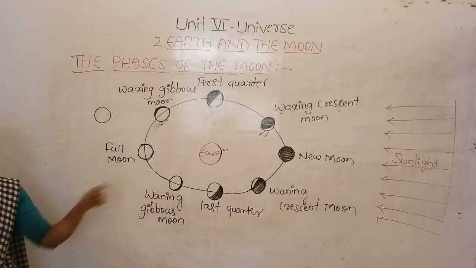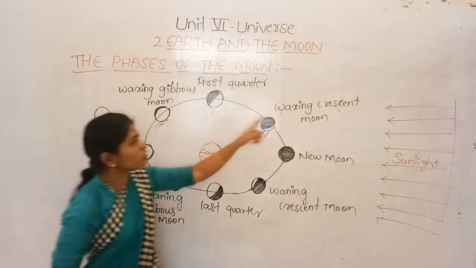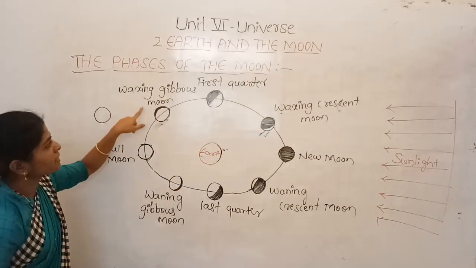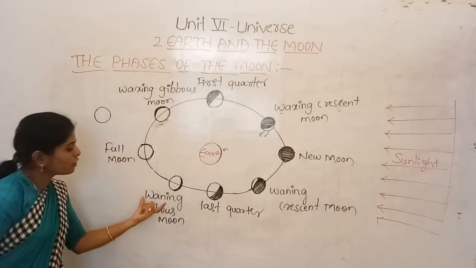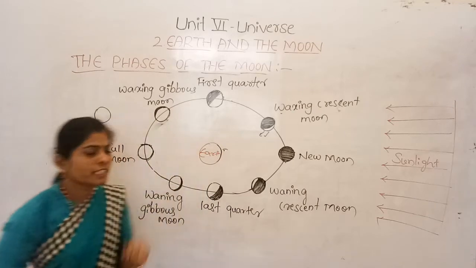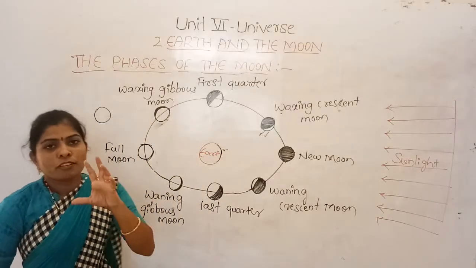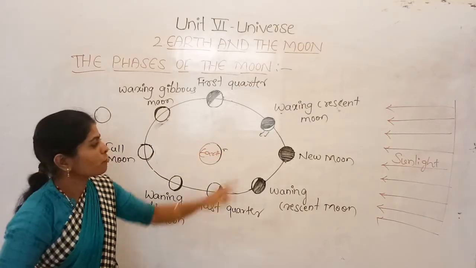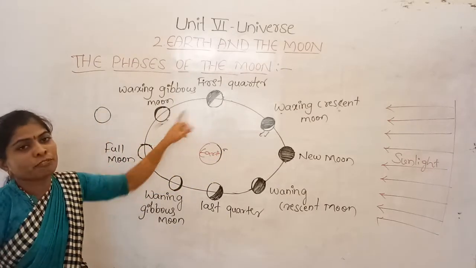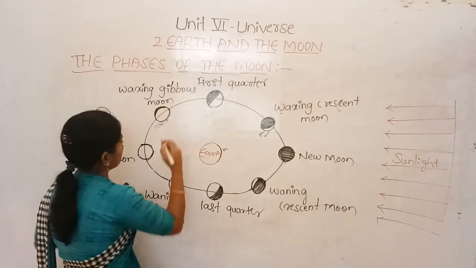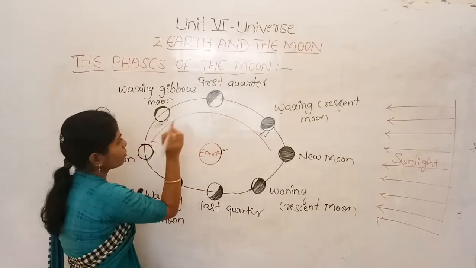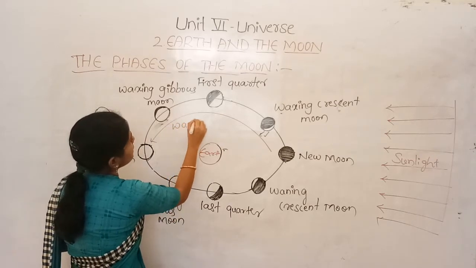And here, one more thing you have to observe. I used waxing crescent moon and waxing gibbous moon, and here I used waning gibbous moon and waning crescent moon. The half phase from the new moon to the full moon is called the waxing phase.